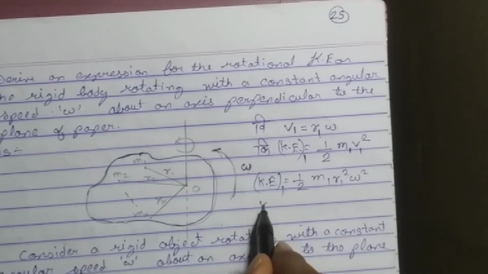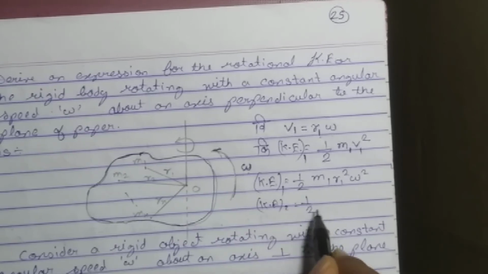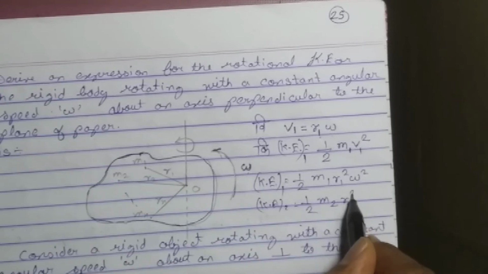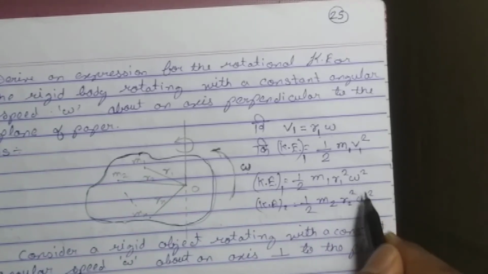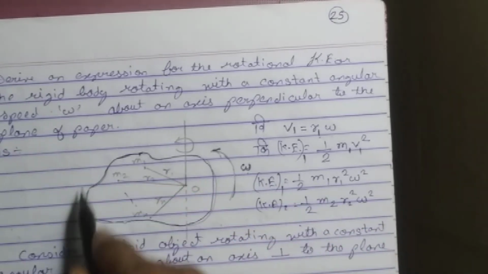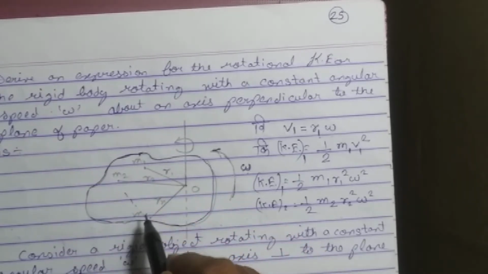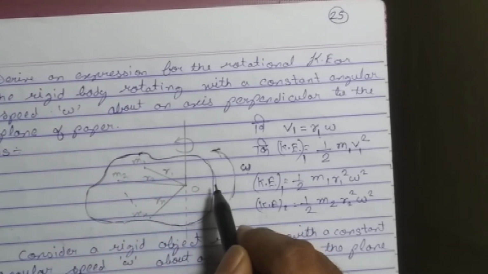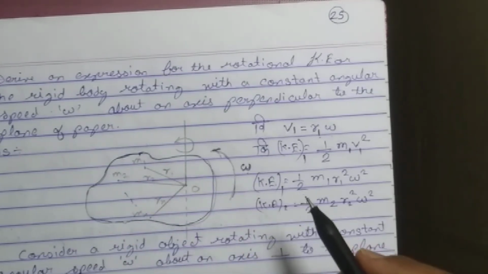Similarly, we can find the kinetic energy of the second particle. We can write directly: half m2 r2 square omega square. Students, here I am not going to write omega 1, omega 2, because the body is rotating about its own axis with angular velocity omega, therefore each and every particle performs its circular motion with the same angular velocity omega.